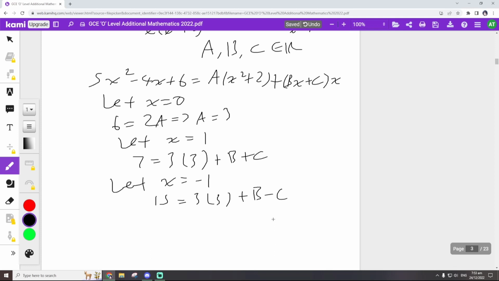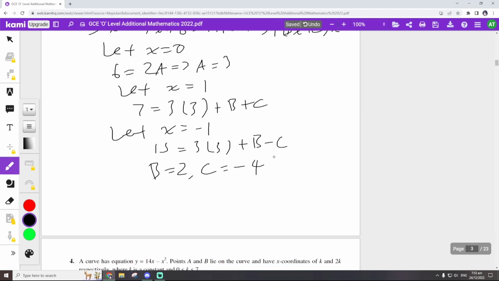Therefore you have B plus C is negative 2, and B minus C is 6. If you add them together, you get 2B equals 4, so B equals 2 and C equals negative 4. So therefore you get the partial fractions as 2 plus 3 over x plus 2x minus 4 divided by x squared plus 2.